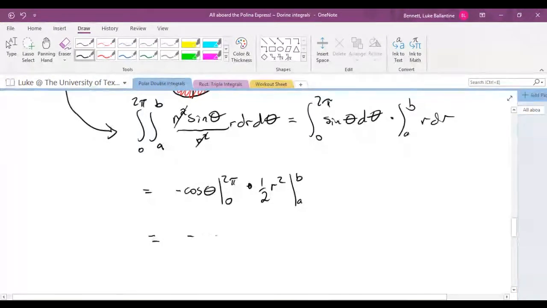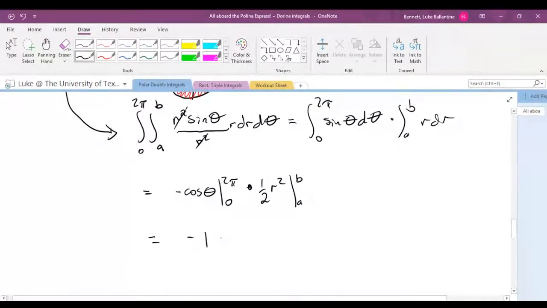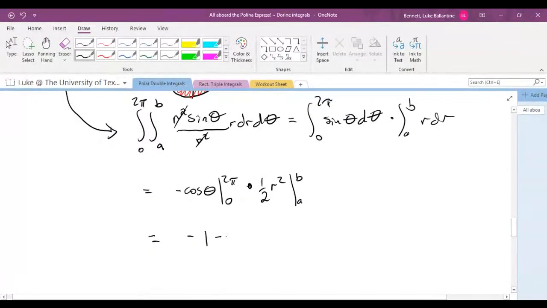We get negative cosine of 2 pi is 1, minus... hold on.